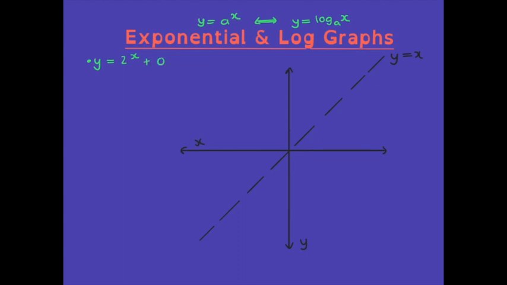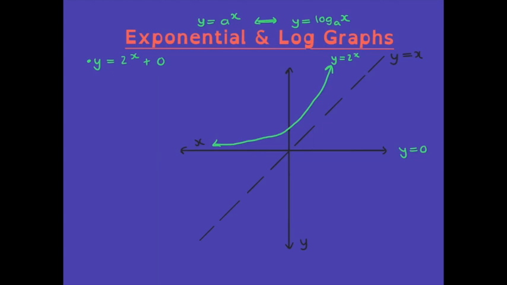So the line y equals 0, the x-axis, is its asymptote. It will have a y-intercept of 1, so that would be your graph y is equal to 2 to the x. If we just talk about the reflection of this graph, let's do some reflections.